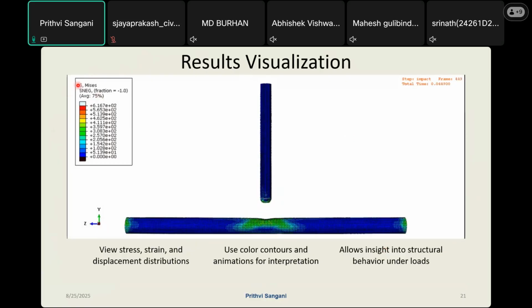Here I have only plotted strains. Sorry, these are stresses. You can also plot your displacements. You can see this beam vibrating also, right? See, it is going to and fro. If you closely look into this, you can see the beam vibrating to and fro, back and forth, up and down. So yeah, these minute details also can be captured using this software.